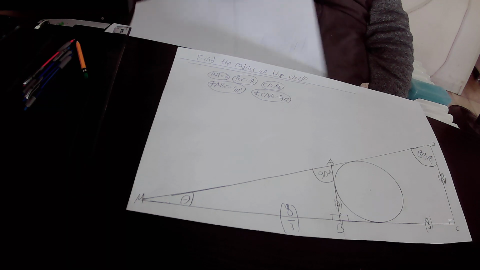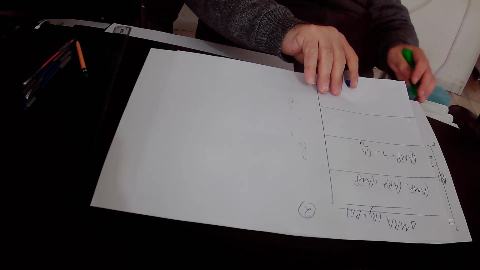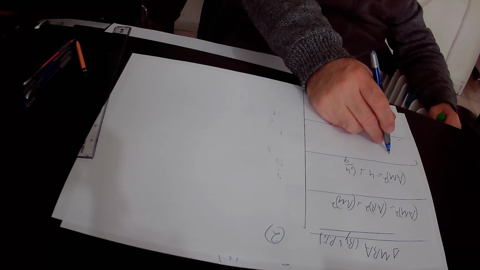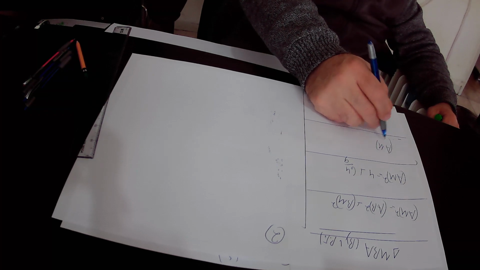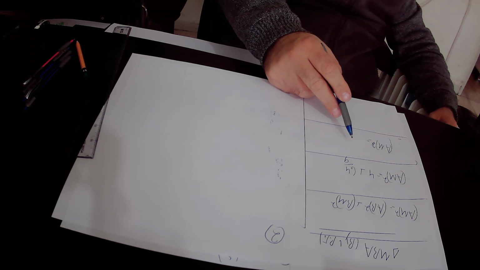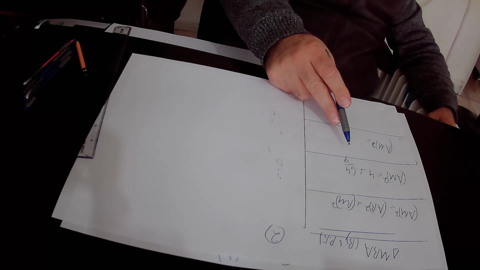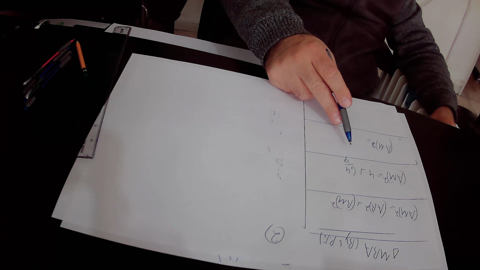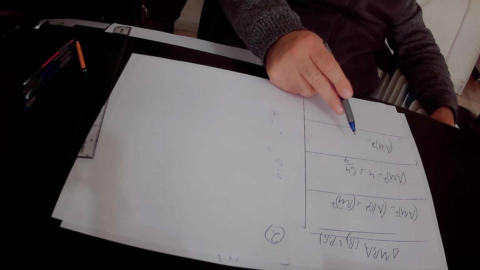So we can find out that AM square equals 4 plus 64 over 9. Here we multiply 4 by 9 and then divide it by 9 in order to have a common denominator with 64 over 9. So 9 times 4 is 36.